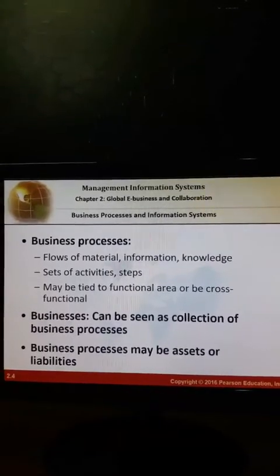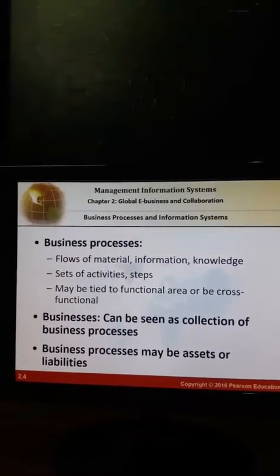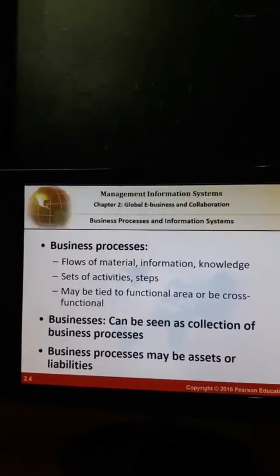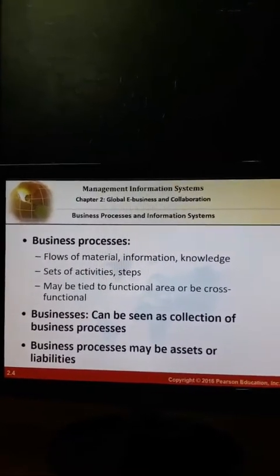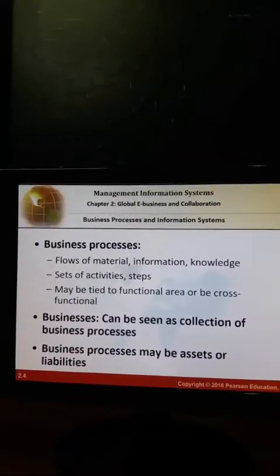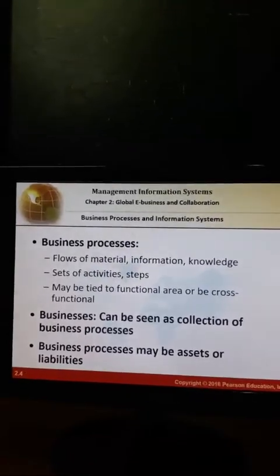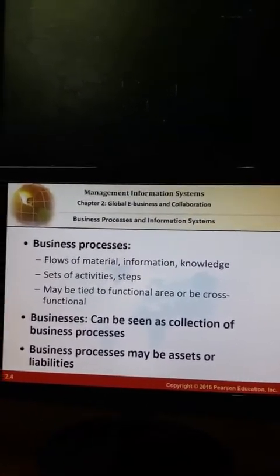But if a salesman behaves wrongly, then he would be a liability of the organization. In any organization, if any element is not functioning, that is, not performing what it is supposed to do, then that would be a liability. That's why we say a business process can be an asset or a liability of the organization.